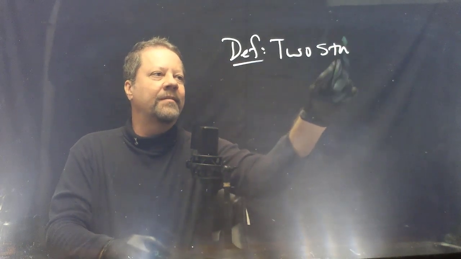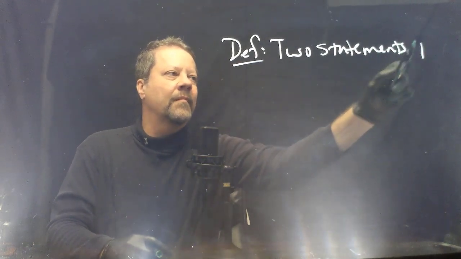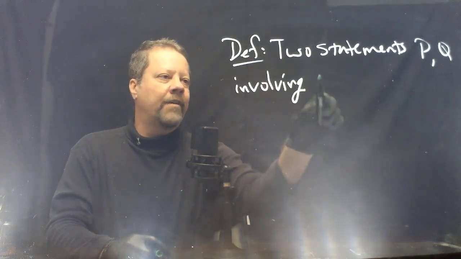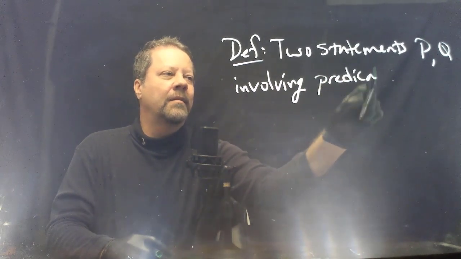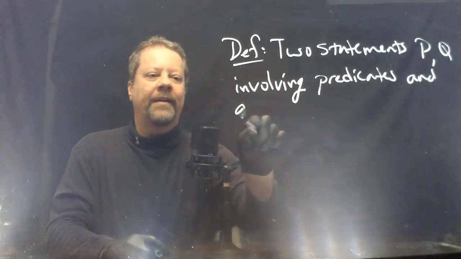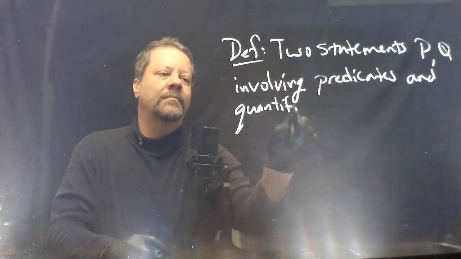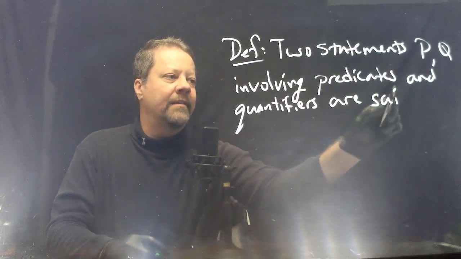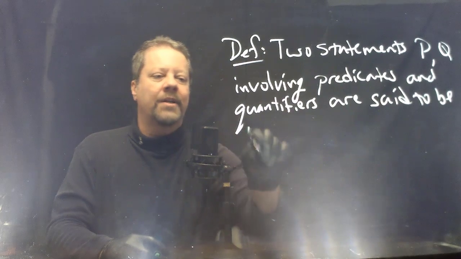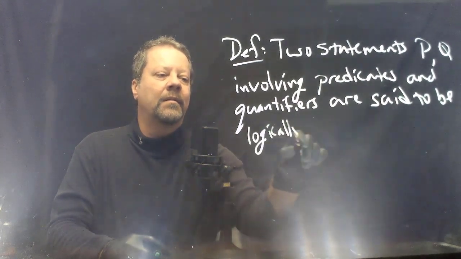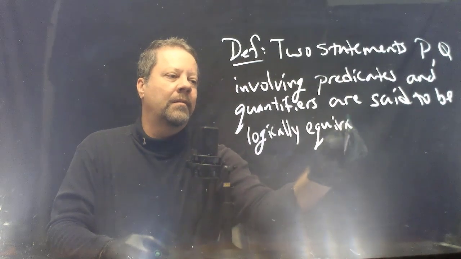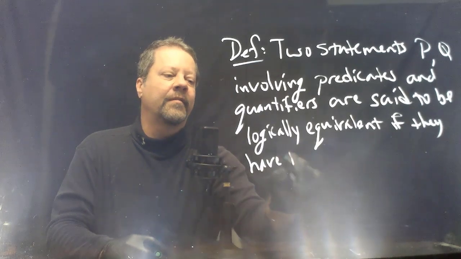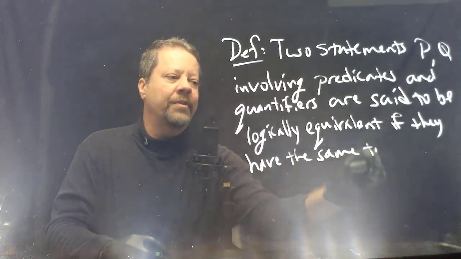Two statements, P and Q, involving predicates and quantifiers are said to be logically equivalent if they have the same truth values.